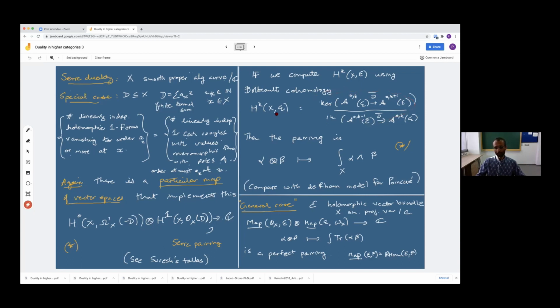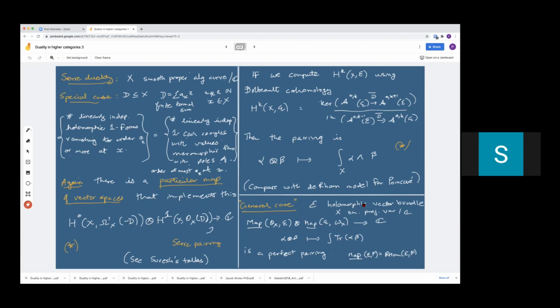And with this description of cohomology, I can describe this pairing explicitly as the pairing which takes alpha and beta to the integral of the trace of alpha wedge beta. Well, in this case, it's just the integral over X of alpha wedge beta.